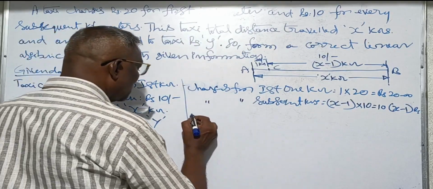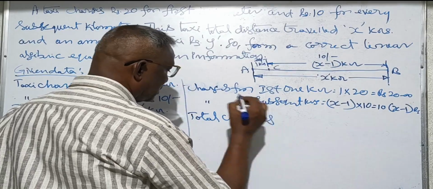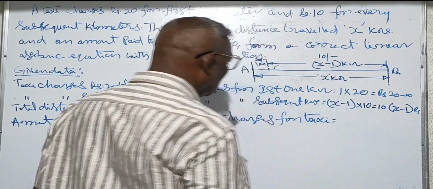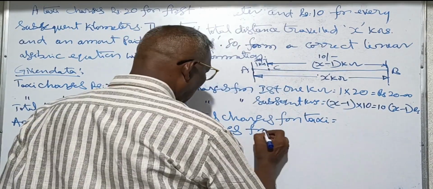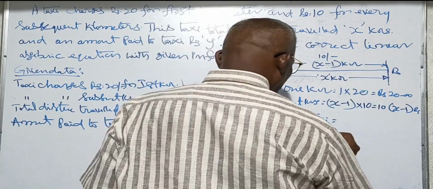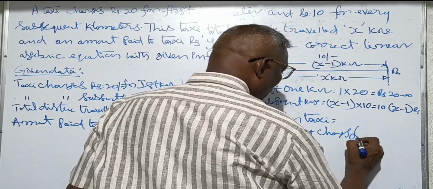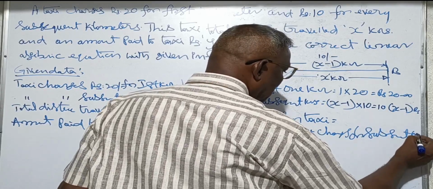Next, the total charges for the taxi is equal to the charges for the first kilometer plus the charges for subsequent kilometers.